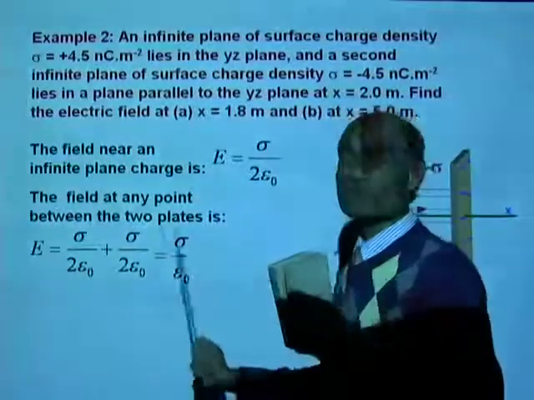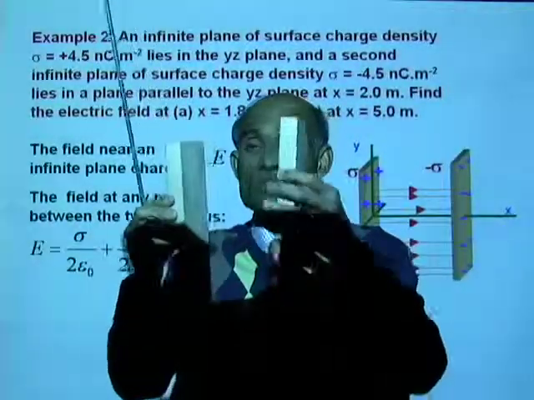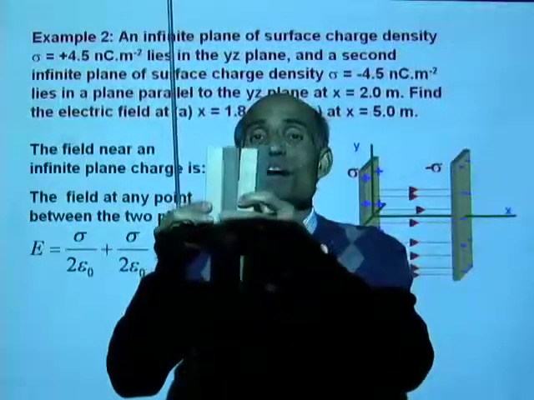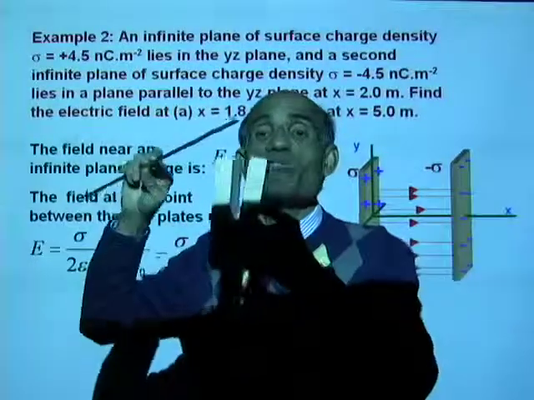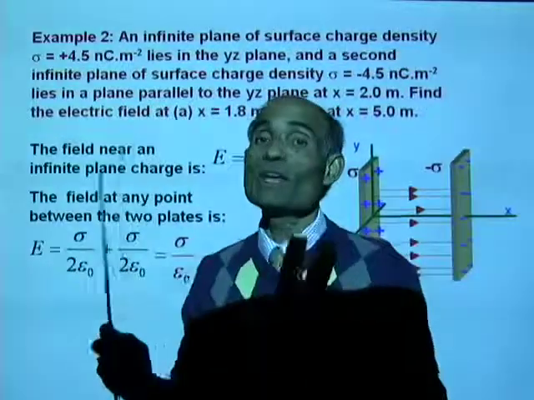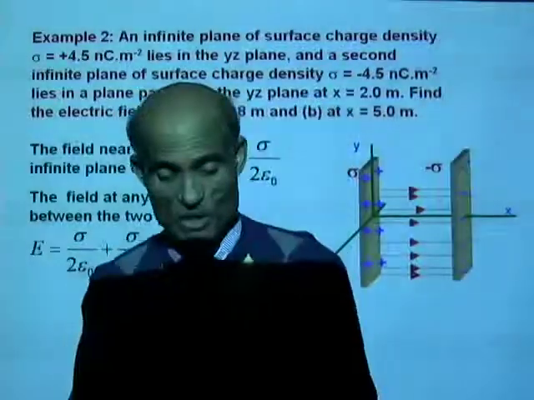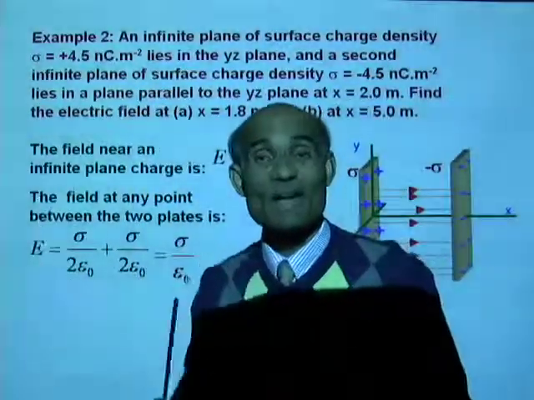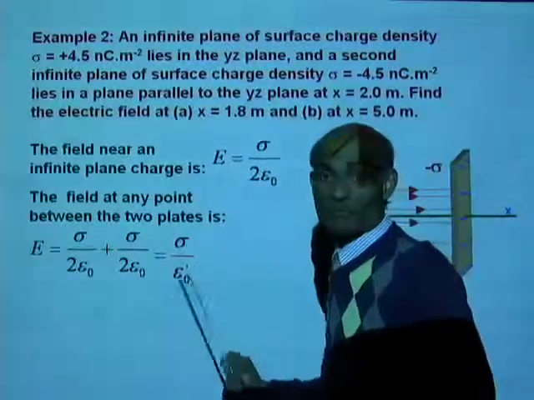Otherwise, this will not be true. If two plane charges, one positively charged and the other negatively charged, are kept close to each other, then the field at any point in between will be given by sigma over epsilon naught. Okay, I will ask you this a little while later, and I suppose you will then remember this.